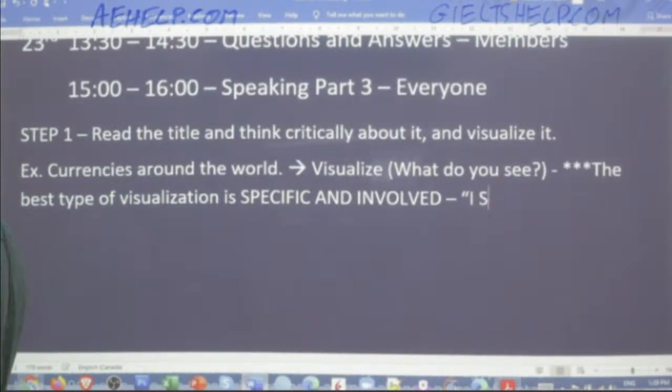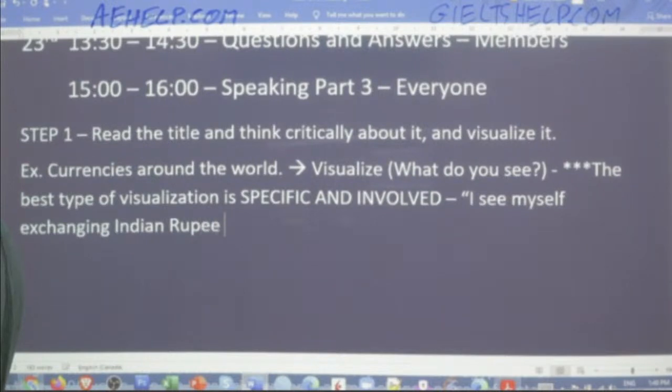So I see myself exchanging Hungarian for, you know what, be more familiar, Indian rupee.